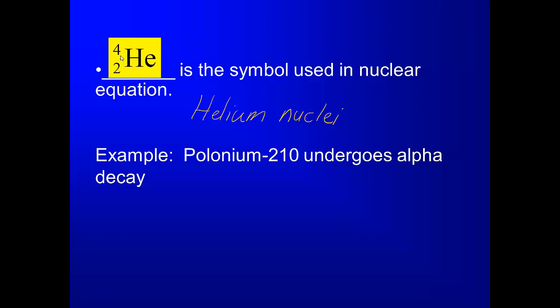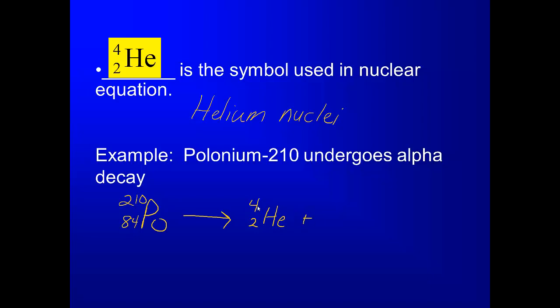So this is happening when the nucleus is just too heavy. We need to reduce the total numbers, so it's going to spit out an alpha particle. What does this look like? Let's write down an example. If I have polonium-210, I would write that as polonium, remember mass number goes on top, and the atomic number is 84. It's going to lose an alpha particle.